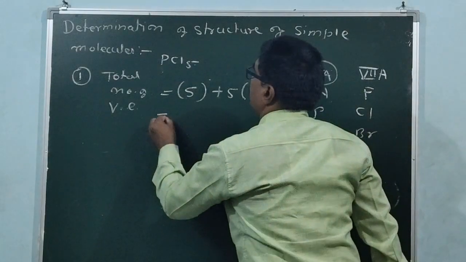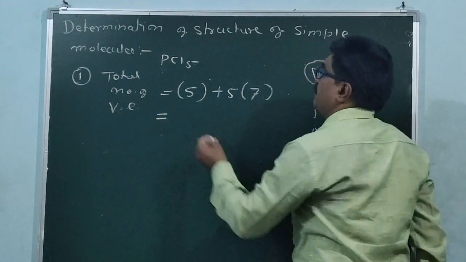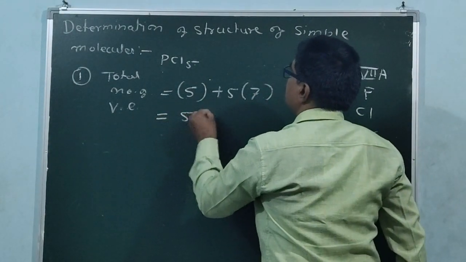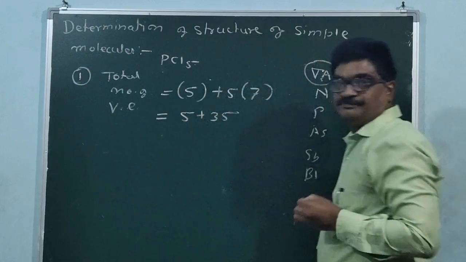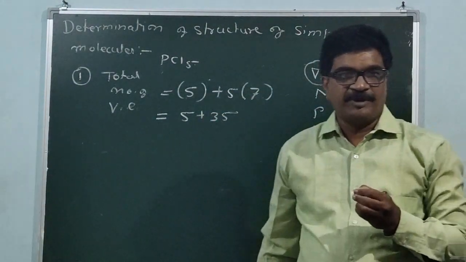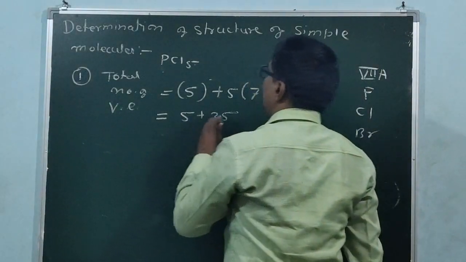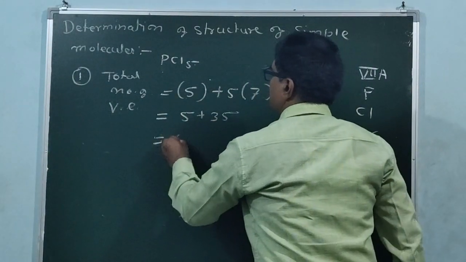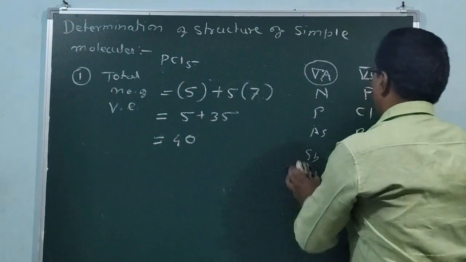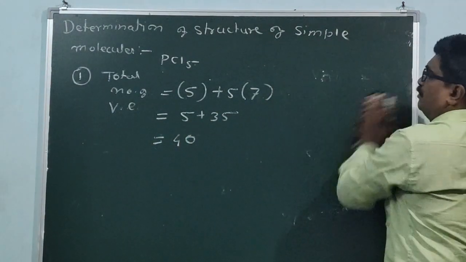So the total number of valence electrons contributed in the molecule will be 5 plus 35. You got my point? So it is 40.